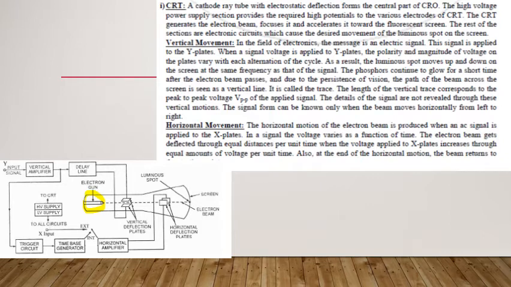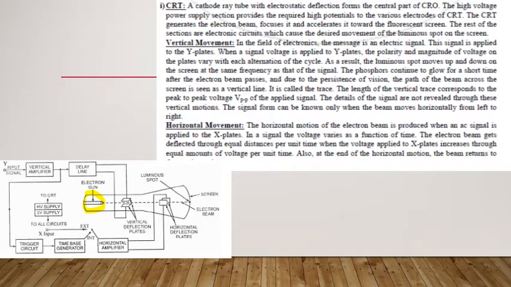As a result, the spot moves up and down on the screen. The phosphor continues to glow for a short time after the electron beam passes, and due to the persistence of vision, the path of the beam across the screen is seen as a vertical line. So you can't see single points, you can see a vertical line.